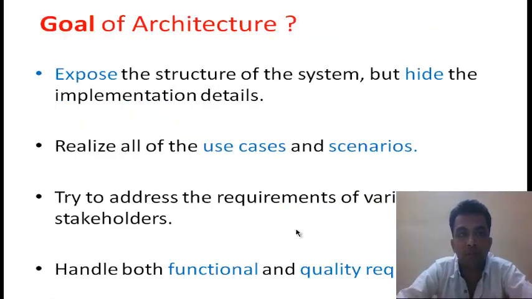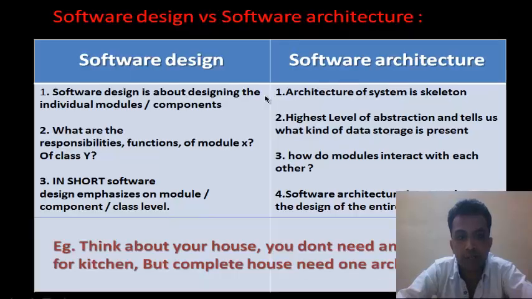Okay, so the next slide is the goal of architecture. First one is that it exposes the structure of the system. It gives all the idea about the structure of the system, but hides the implementation details from the end user. Here is an example. Think about your house.